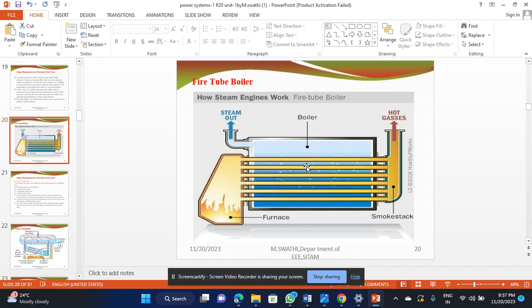According to the thermodynamic principle, the temperature of the hot flue gases passes to the water.